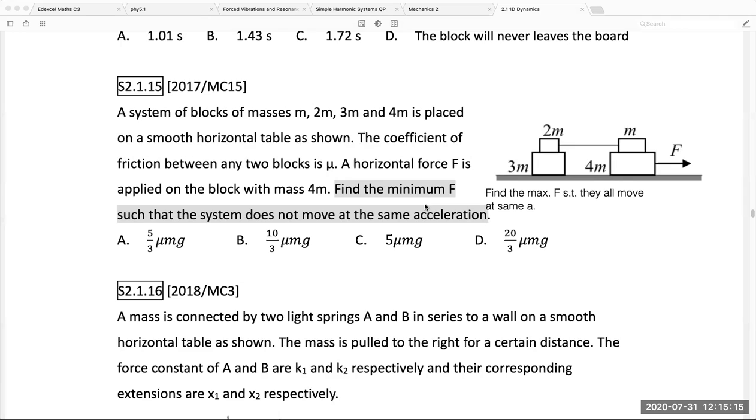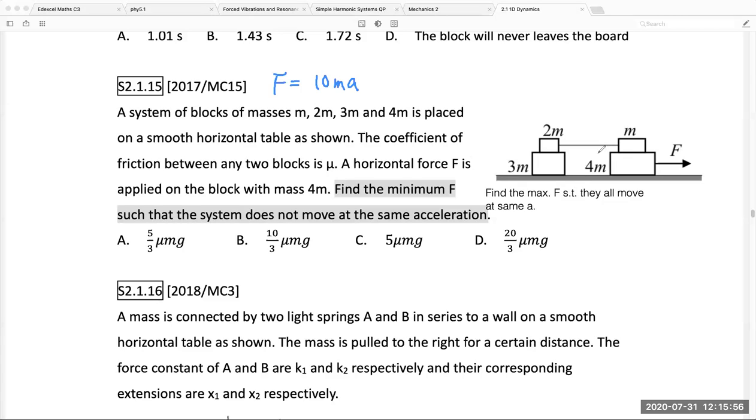No question? Let me write down some equations. Now, in this case, you should not assume that the friction will go to maximum value because there are two frictions here.